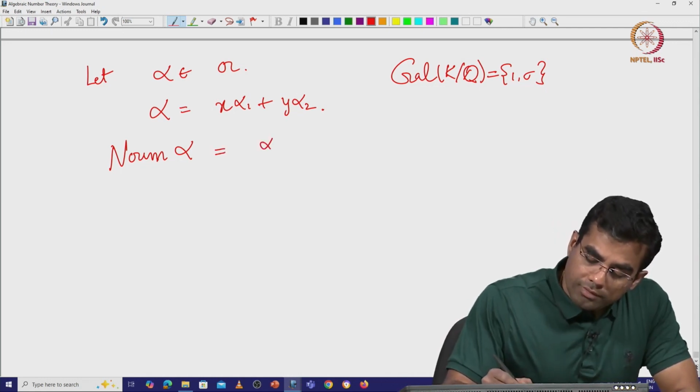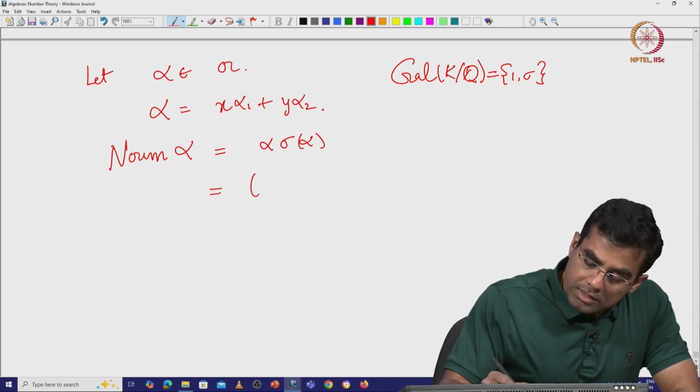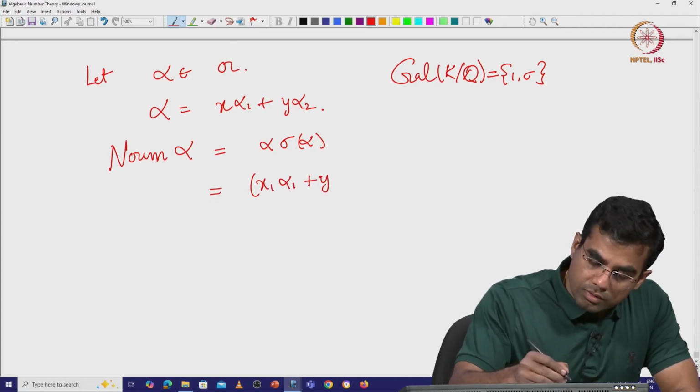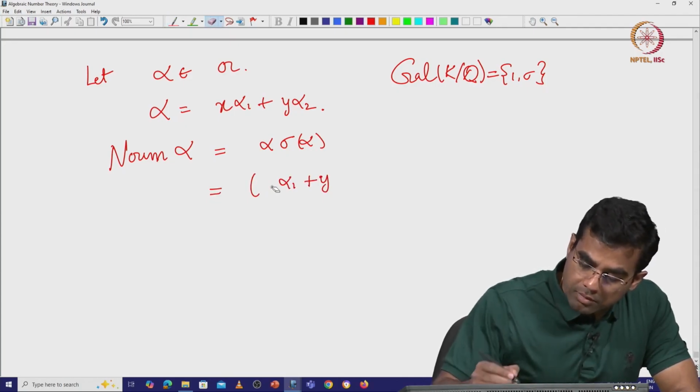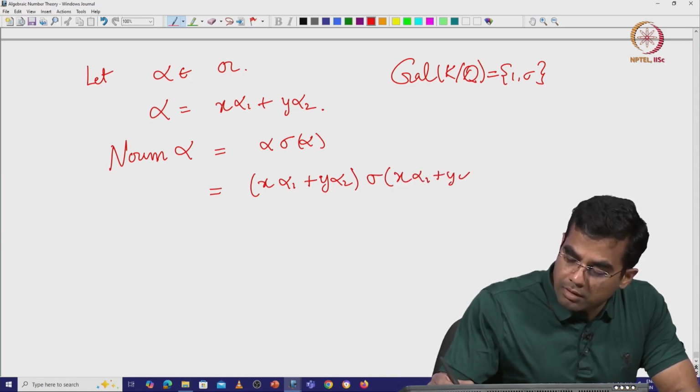So, the norm of alpha is alpha times sigma alpha, but I can write this as x alpha 1 plus y alpha 2 times sigma of x alpha 1 plus y alpha 2.